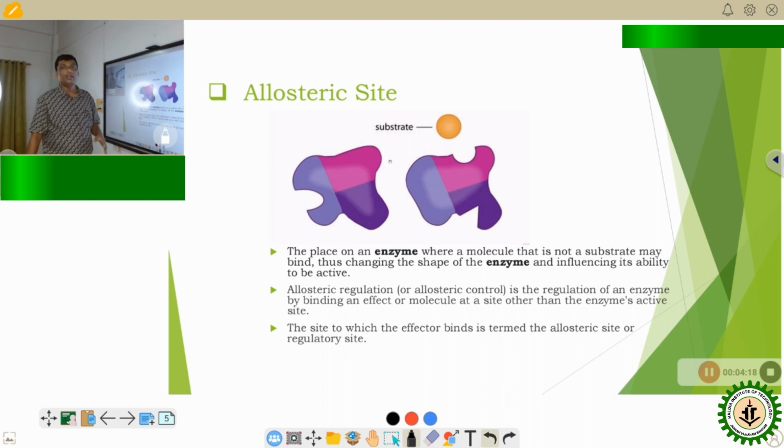That is called the allosteric site. It is most important for regulation of the enzyme, because an effector regulates enzyme activity after binding with the enzyme molecule. The site to which the effector binds is termed the allosteric site or regulatory site.